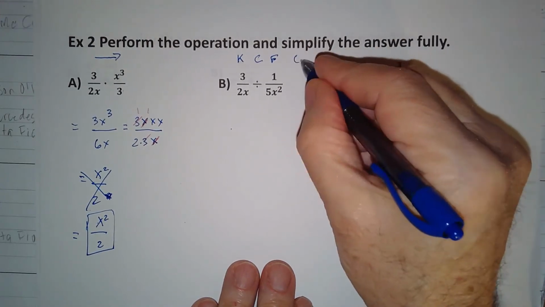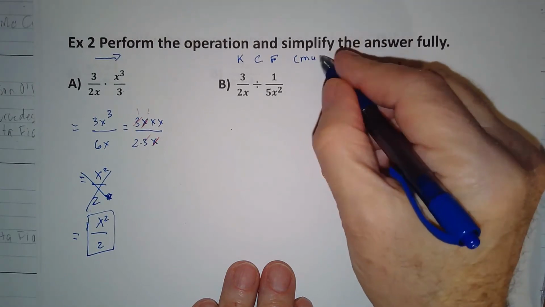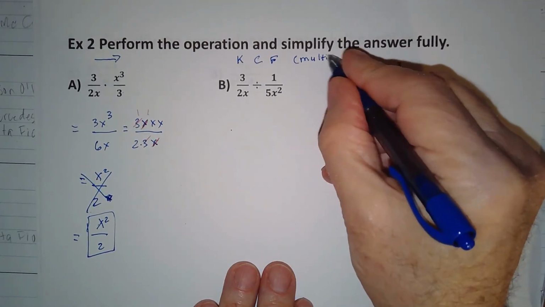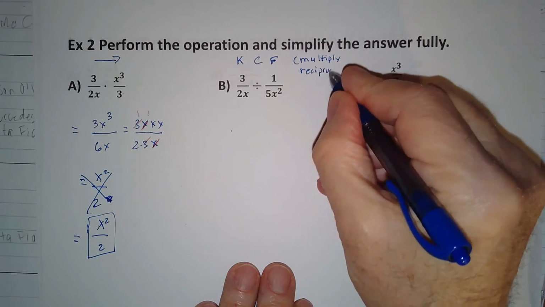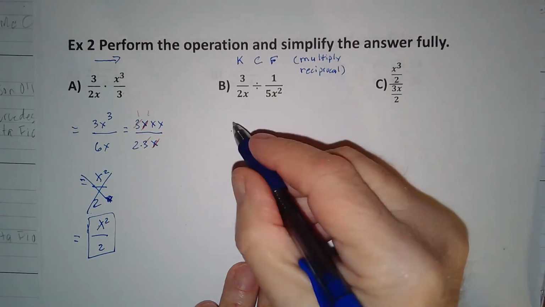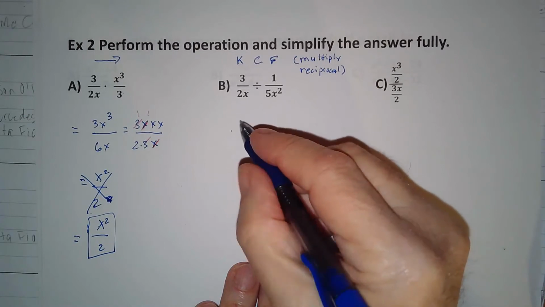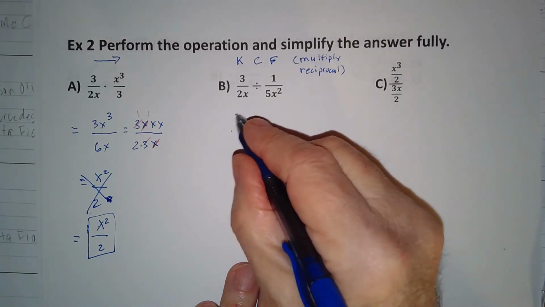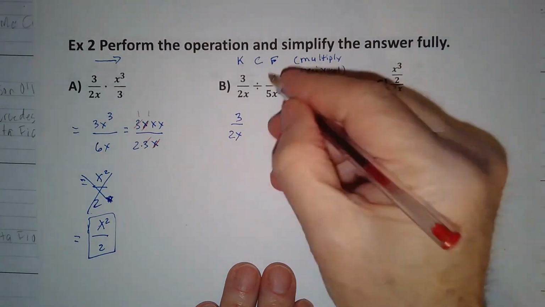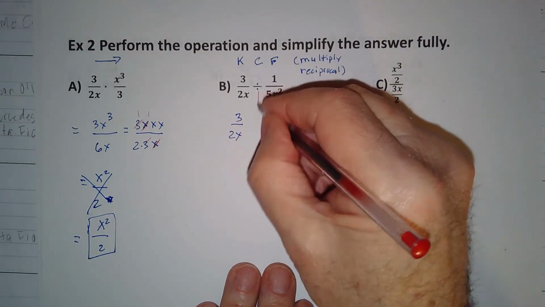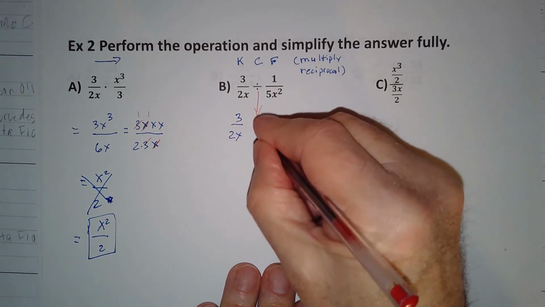Otherwise known as multiplying the reciprocal. All right. So we will rewrite this as 3 over 2x, and then we're going to change this sign to multiplication.